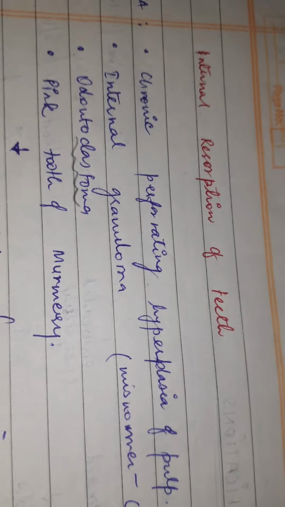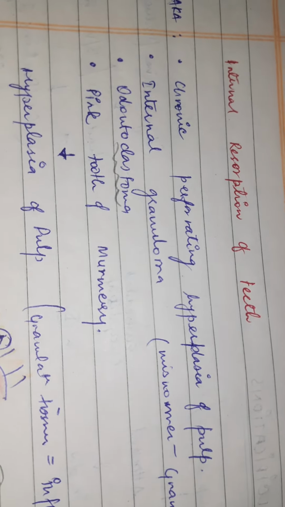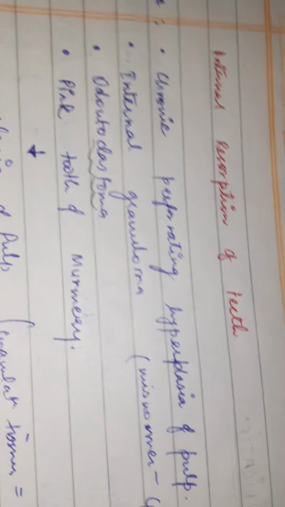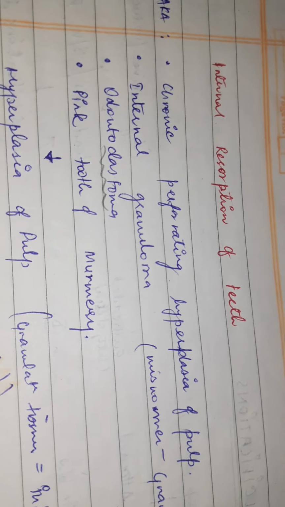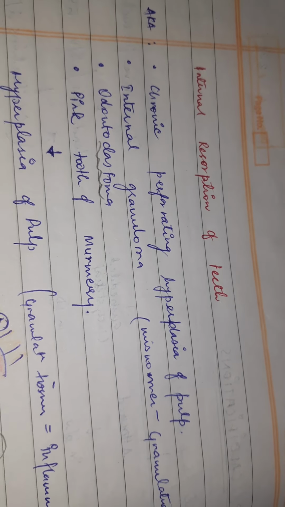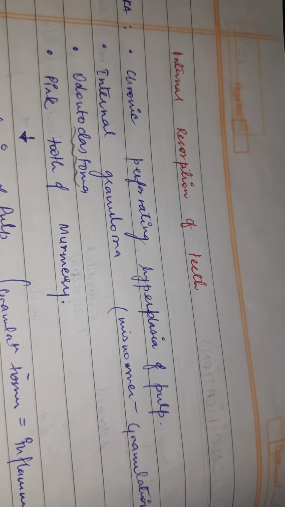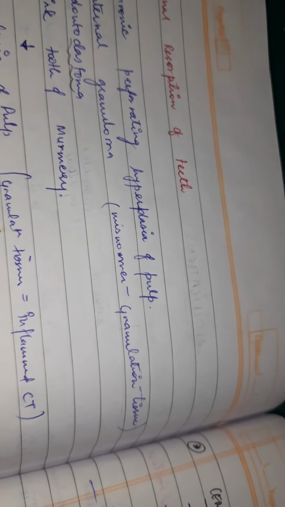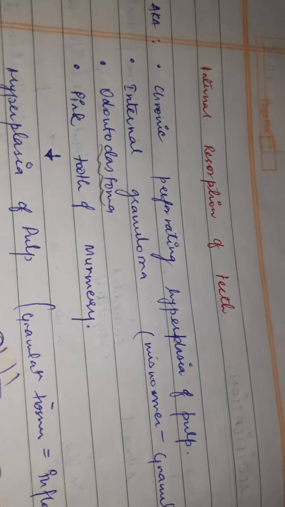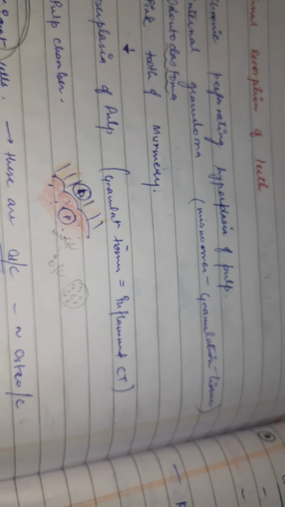Internal resorption of teeth is also known as chronic perforating hyperplasia of pulp, internal granuloma or a misnomer, granulation tissue, odontoclastoma, or pink tooth of Mummery. There is hyperplasia of pulp and inflamed granulation tissue.